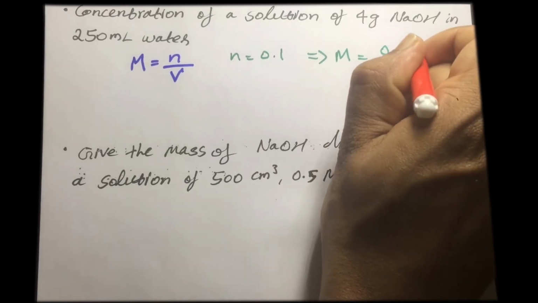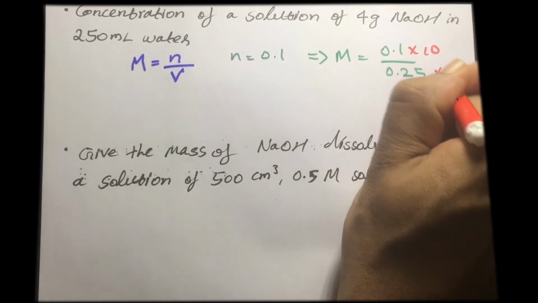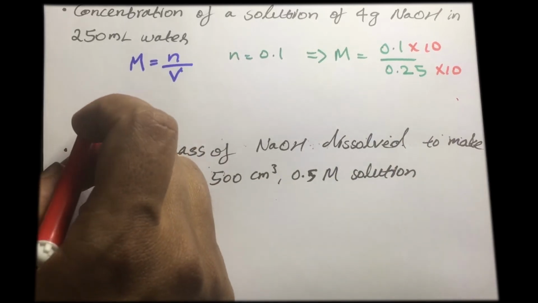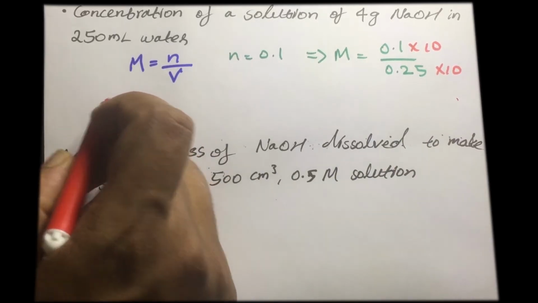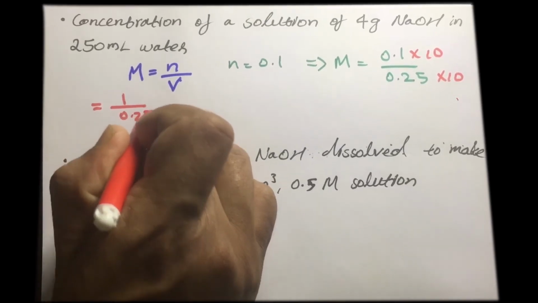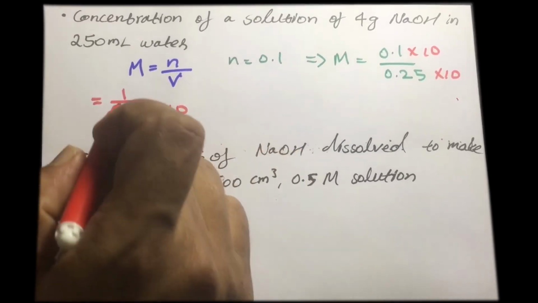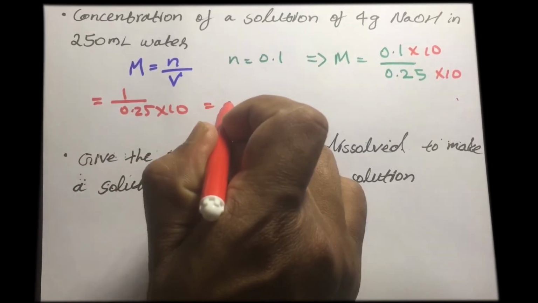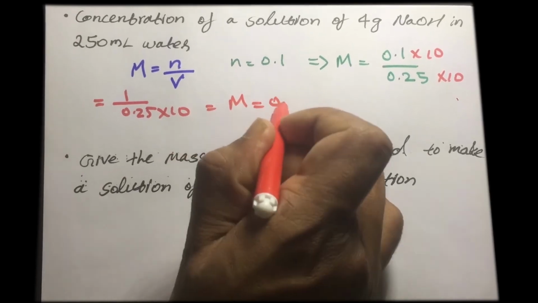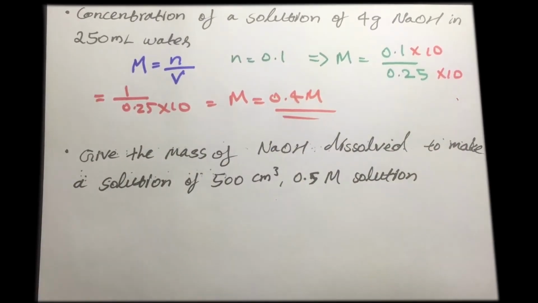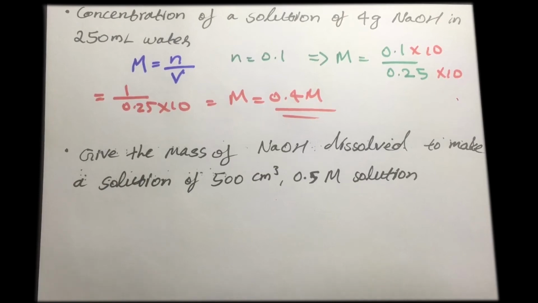Here also multiply both numerator and denominator by 10. So it will become 1 divided by 0.25 into 10. 1 by 0.25 is 4. 4 by 10 is 0.4. So molarity will become 0.4 molar. The answer will be 0.4.